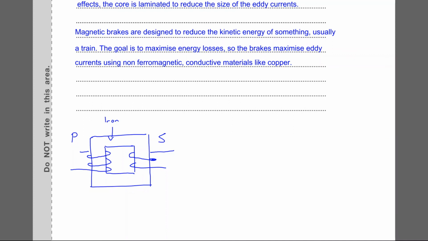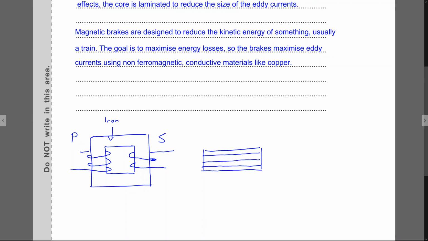So imagine if we took a top-down view of our transformer. Then this is actually separated into very thin sheets and the lines that I'm drawing here represent little areas of laminate which separate the sheets of iron.